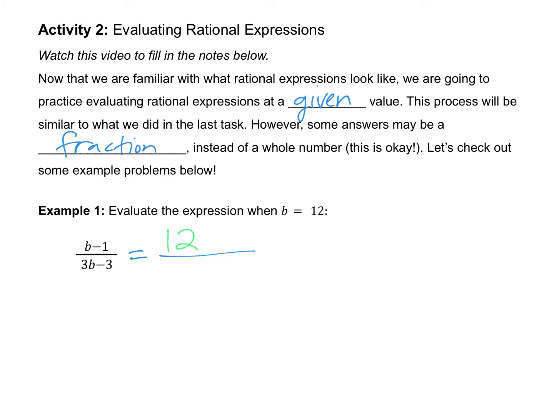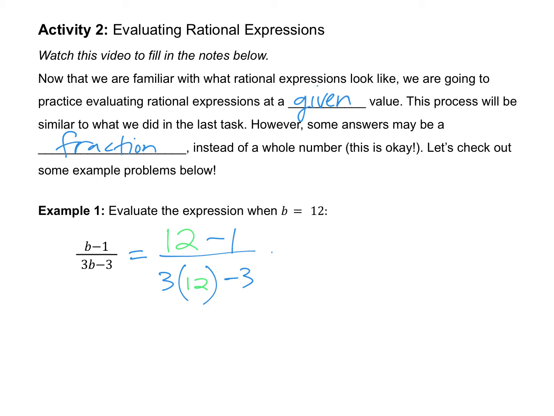So I put 12 minus 1 over 3, and then I'm going to use my parentheses, plug in 12, and then minus 3. Notice I didn't put the parentheses around the 12 on top just because there's no coefficient in front of it, so in that case, it's not necessary.